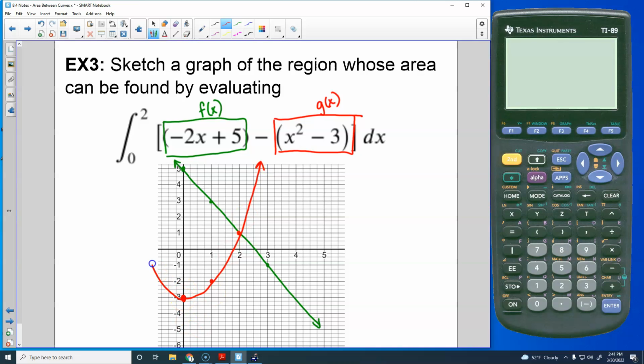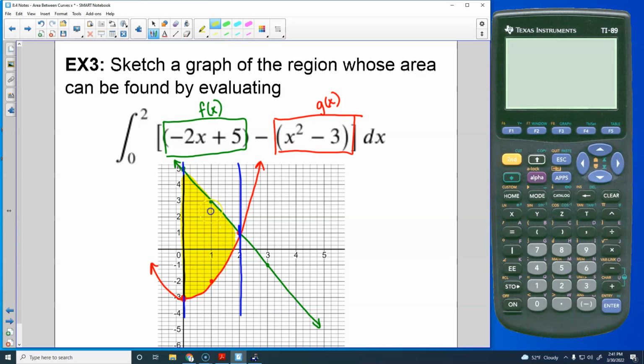It's going to go back up over here, but you're only integrating from 0 to 2, so you'll have a line at x equals 0, and you don't really need the line at x equals 2 because you got that intersection. You could put it there if you wanted. So we would be looking at this area right here.